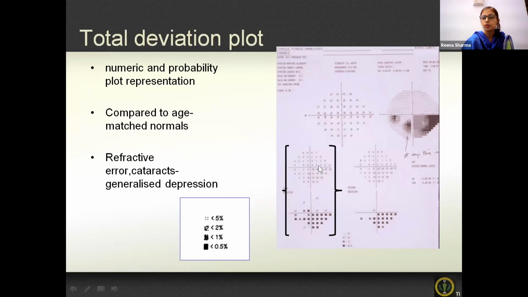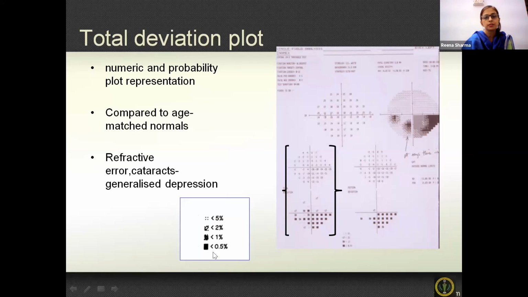The total deviation plot is basically calculated by subtracting the visual sensitivity plot values from the normative database that the machine has, and the difference between the two is plotted at each of the points. So from this plot, we know how much the patient's sensitivity deviates from the normative database, and the probability of this deviation being abnormal is plotted on the probability plot, which uses gray tone symbols that tell us how likely the deviation is abnormal.